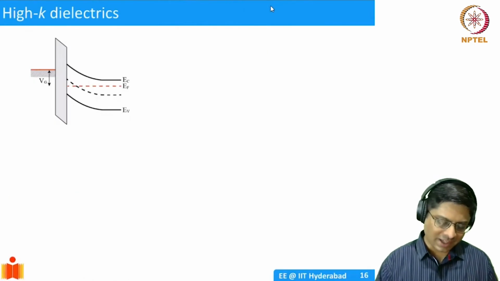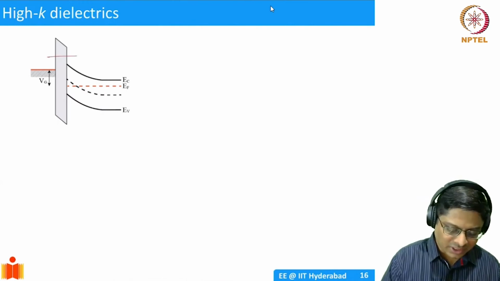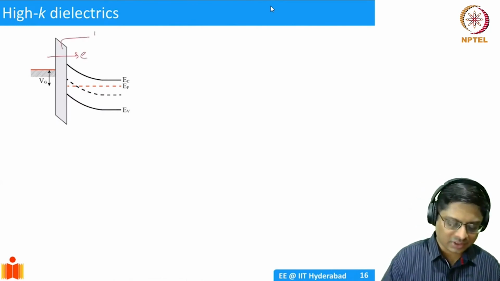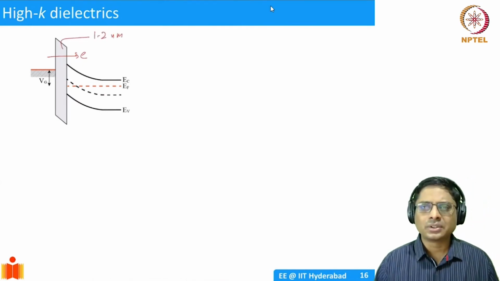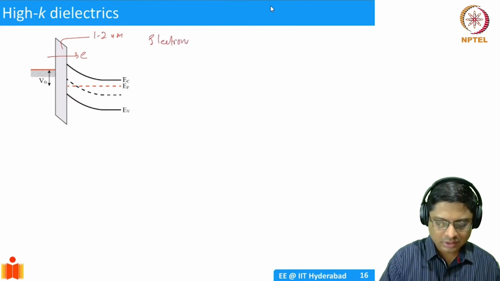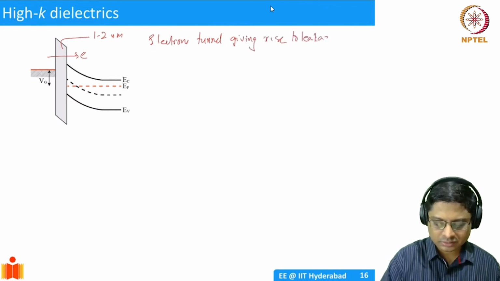So we showed the band diagram of a MOSFET before. Essentially, you can have electrons tunneling from the metal into the semiconductor, because this thickness is now 1 to 2 nanometers, right? 1.2 nanometers, whatever. So you can have a strong leakage. Electrons tunnel, giving rise to leakage current.